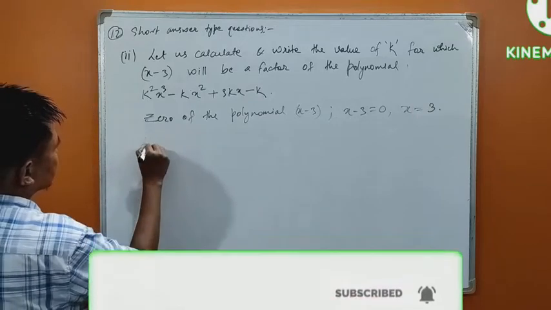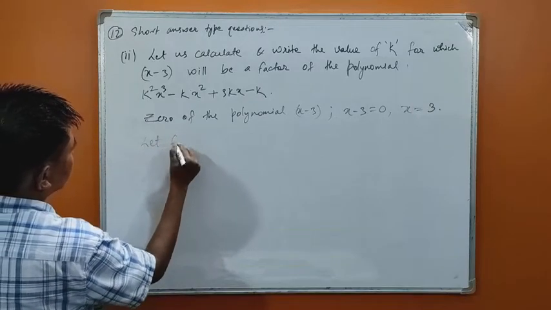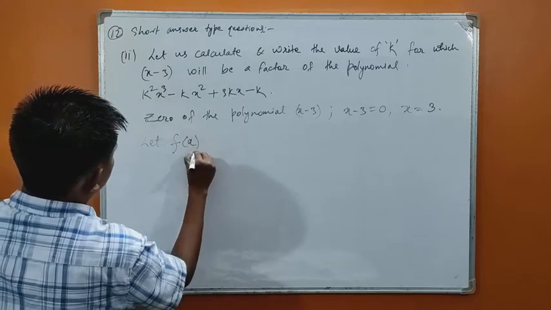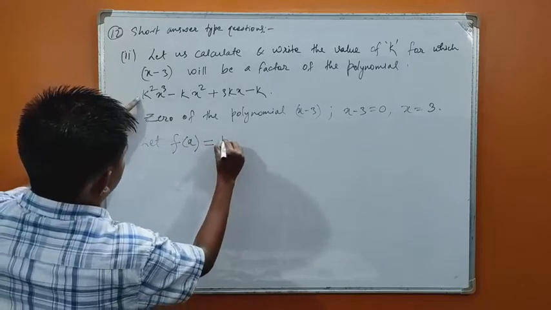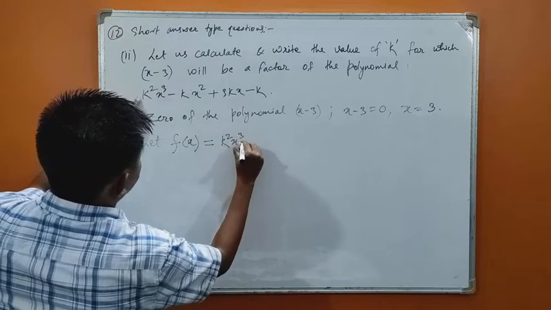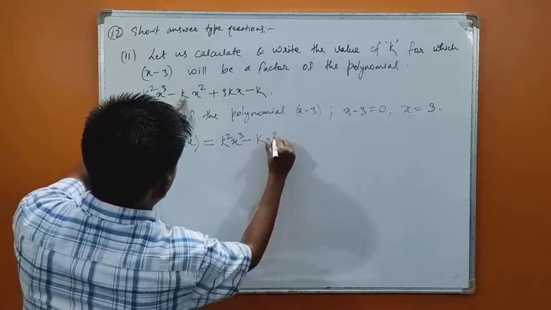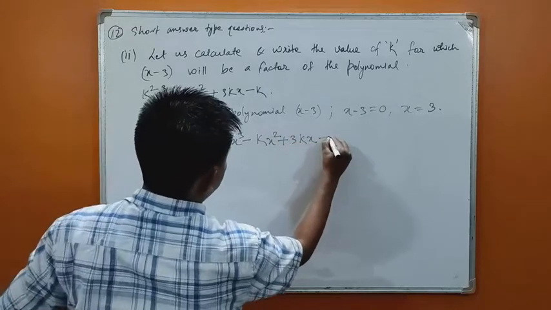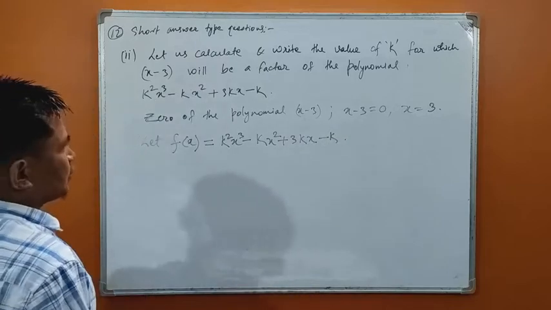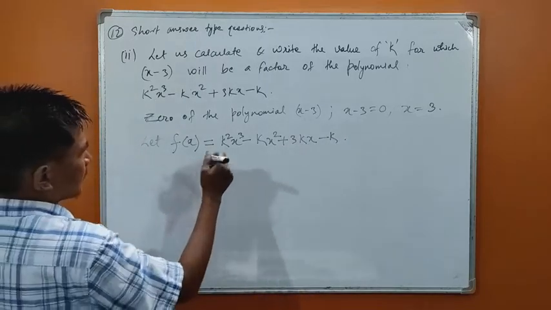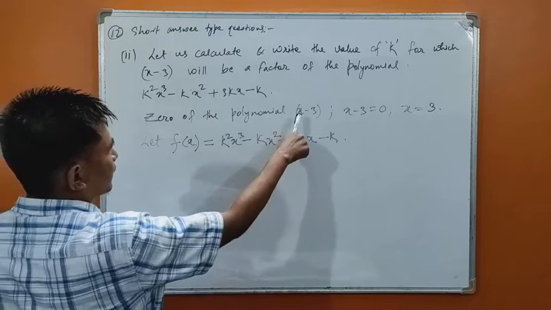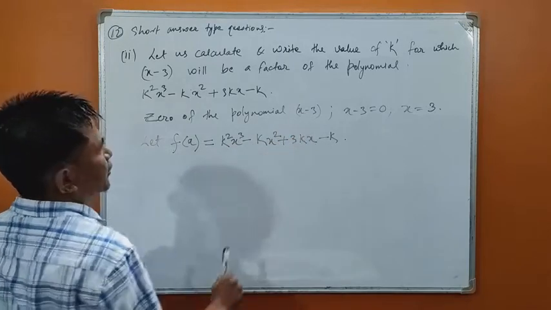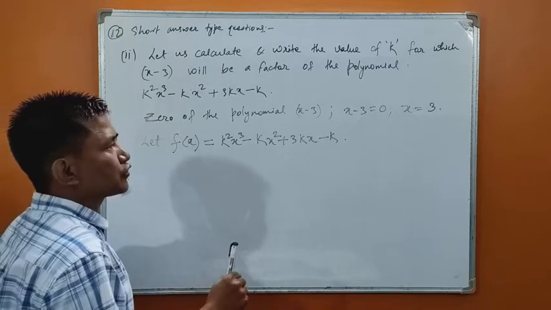So let f(x) equal k square x cube minus k x square plus 3k x minus k. When this expression is divided by x minus 3, the remainder should be equal to 0, isn't it?